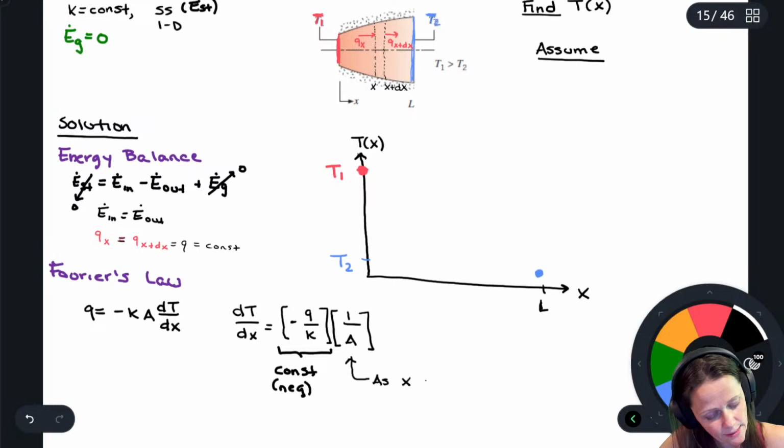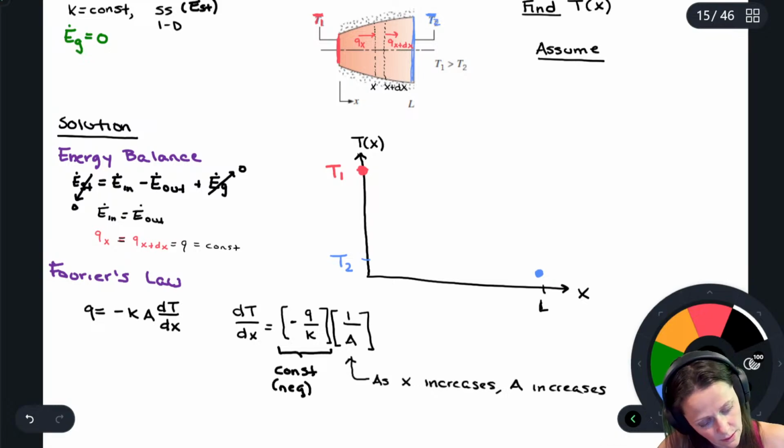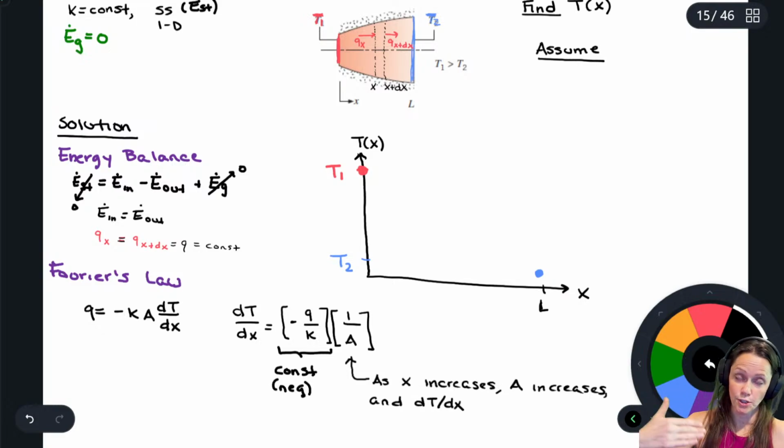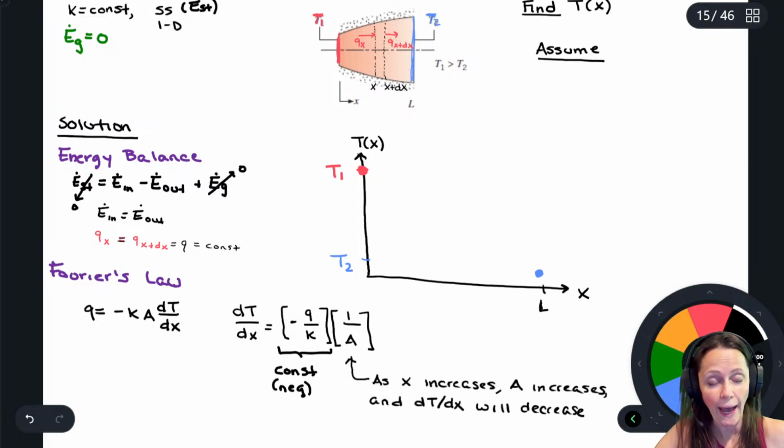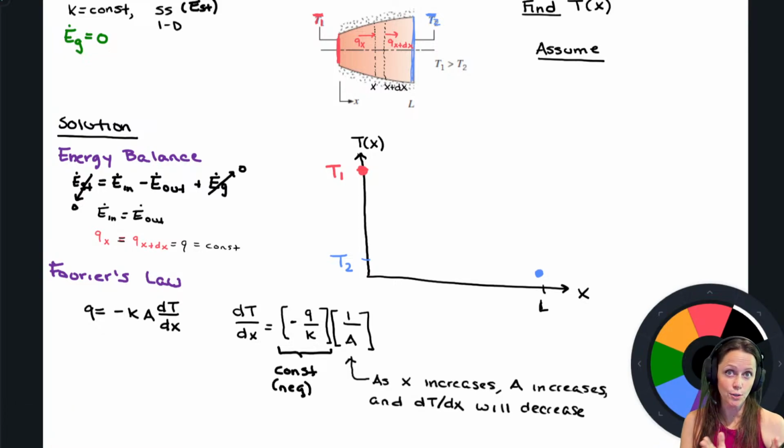As x increases, area increases, and as area is in the denominator, dT/dx will decrease. So as we move from x equals 0 to x equals L, that slope dT/dx is going to decrease.